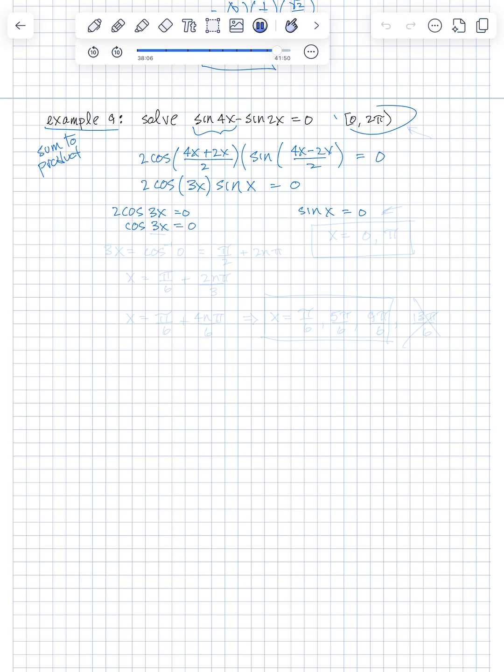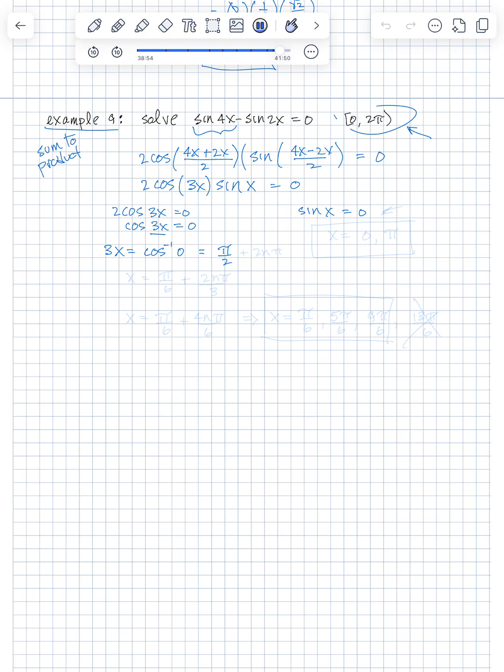And now since we have a multiple angle, the 3x, even though we have our interval 0 to 2 pi, because this is a multiple angle, we have to write 3x is equal to arc cosine of 0, and that's equal to pi over 2.